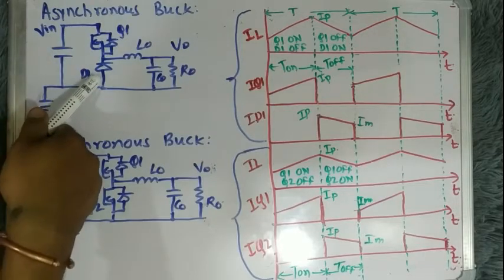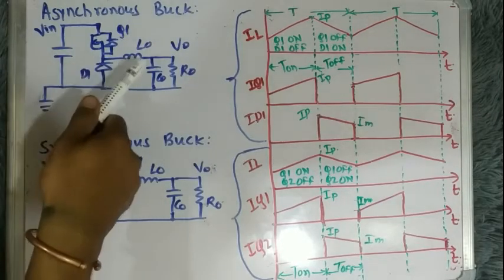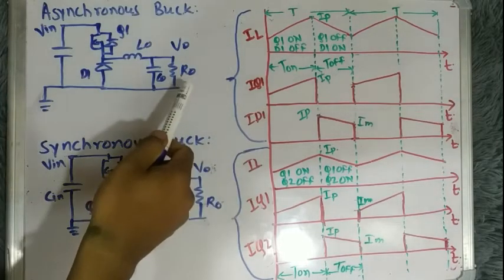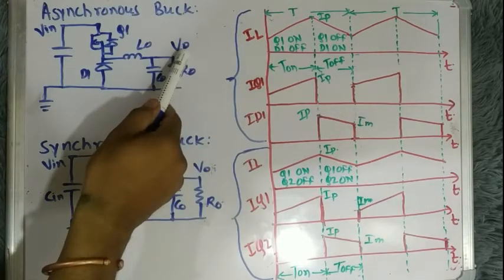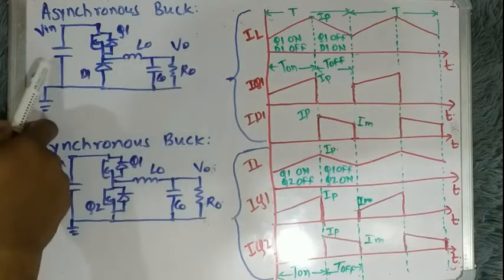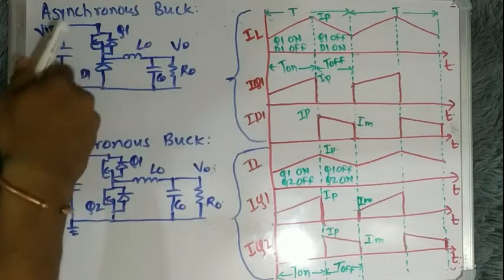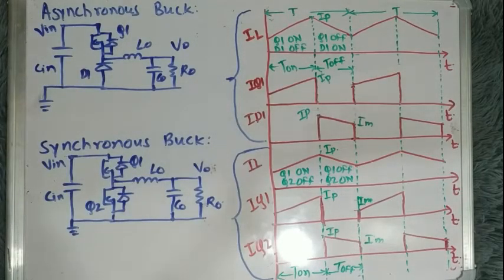Then we have catch diode D1, output inductor LO, output capacitor CO, output load RO, and this is the output terminal VO. Then we have the input capacitor Cin and the input terminal. So this is the asynchronous buck converter.